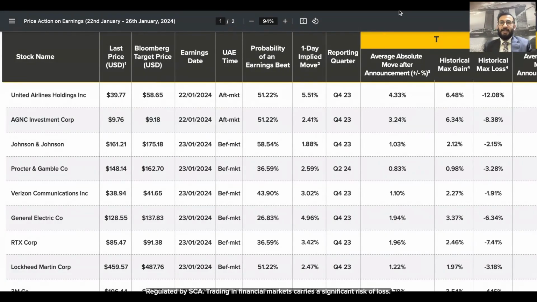Now, this strategy is based on the last 10 years of performance. Okay. In the last 10 years, this particular quarter, if this is the fourth quarter results, then in the last 10 years in the fourth quarter, how this stock has performed after the earnings is what this flyer tells you.